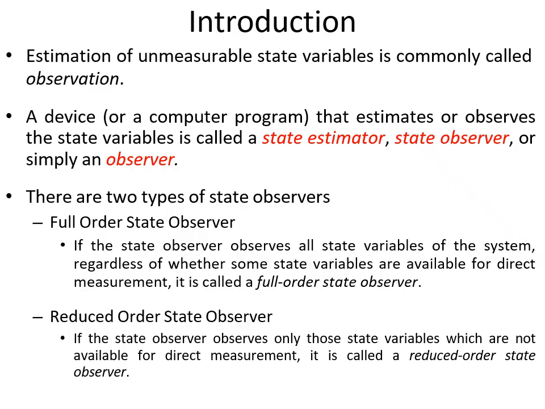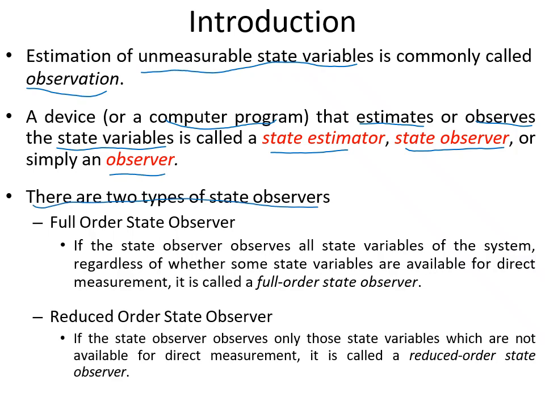Estimation of unmeasured state variables is commonly called observation. A device or a computer program that estimates or observes the state variables is called a state estimator or state observer, or simplified as observer.